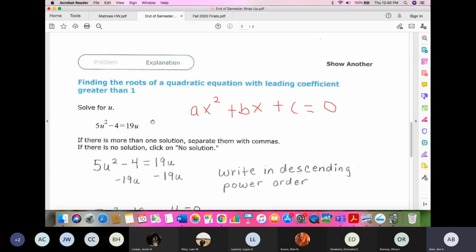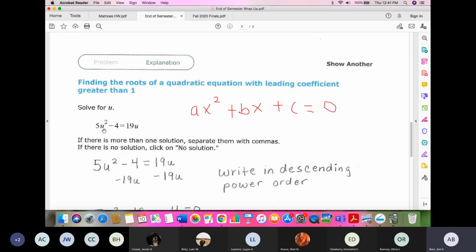This is a quadratic equation because each term you could consider a polynomial. Really, you could consider each term a monomial. A monomial is a polynomial, but let's call them monomials.